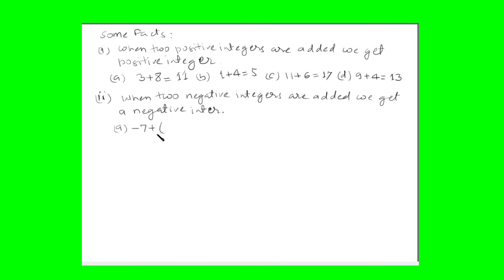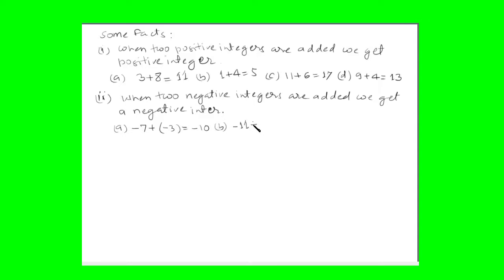plus minus 3, which is equal to minus 10. Minus 7 and minus 3, when added, we get minus 10. Minus 7 is a negative integer, minus 3 is a negative integer, and minus 10 is also a negative integer. Now we go to another example.